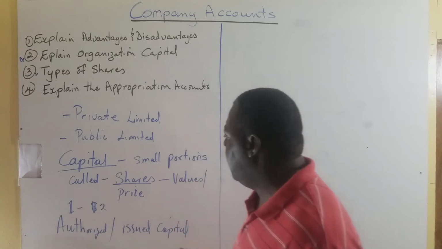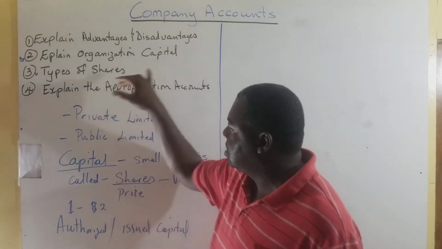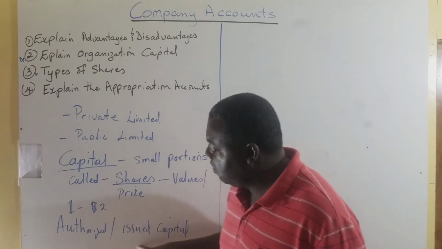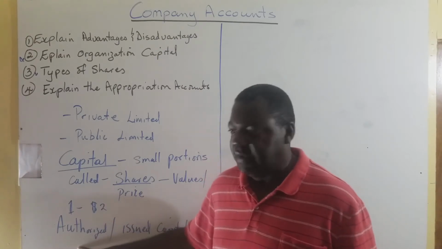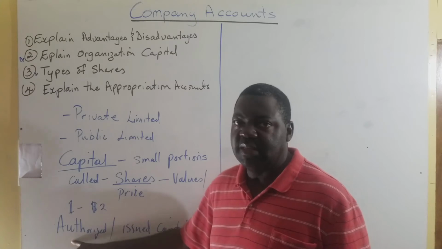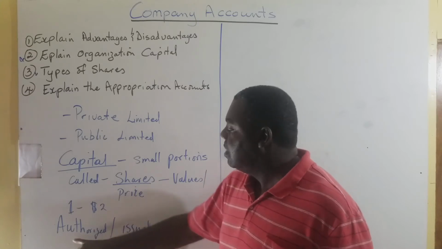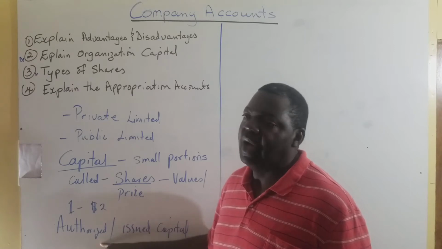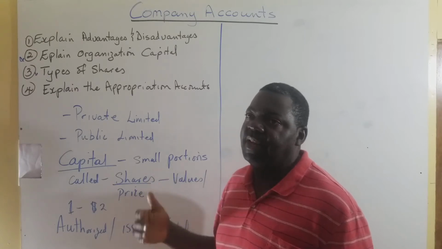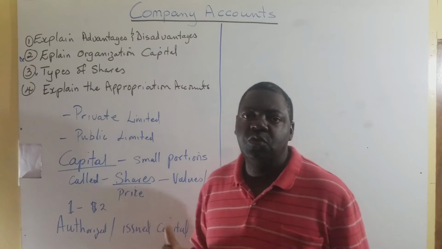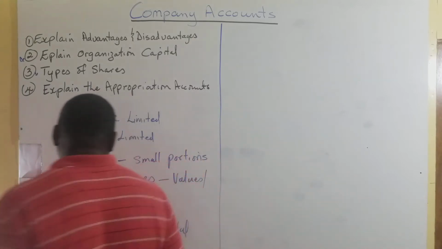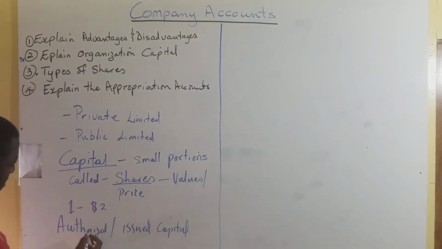In the structure of their capital outlay, they would indicate in the Memorandum of Association what is referred to as the authorized capital. Authorized capital really is the maximum amount of capital that they are expected to use to operate the business, maximum.